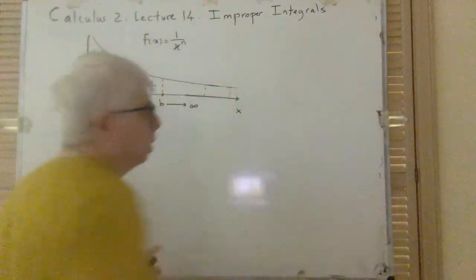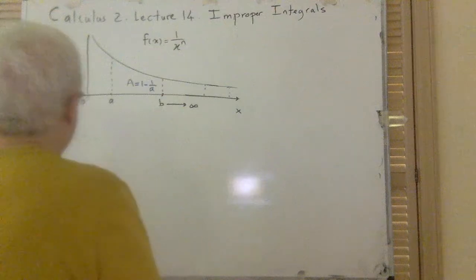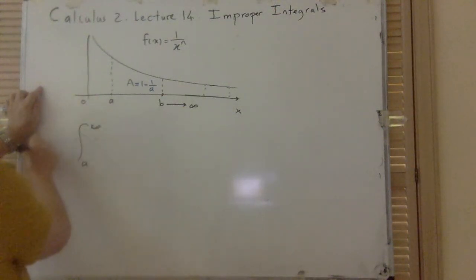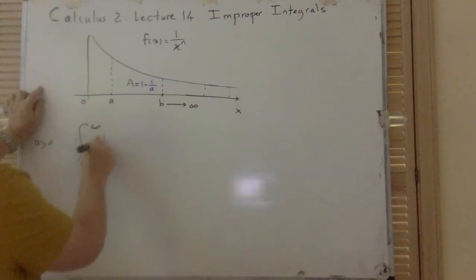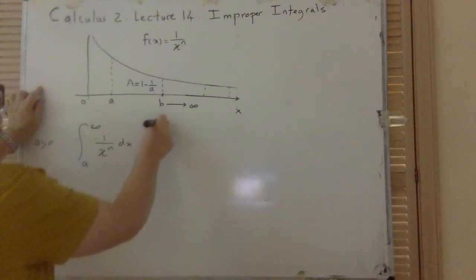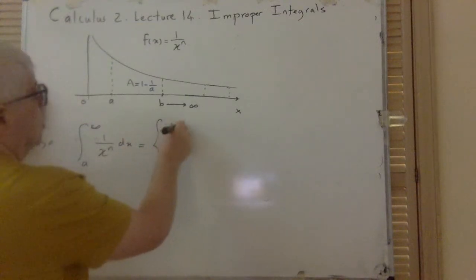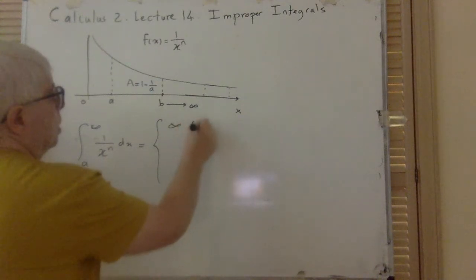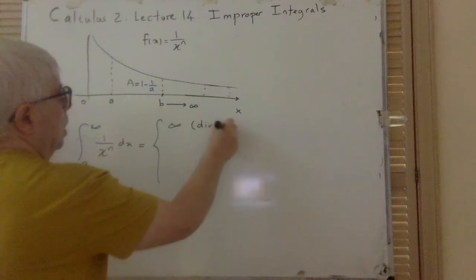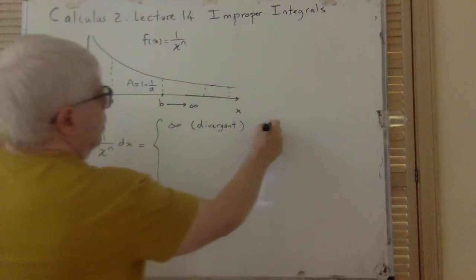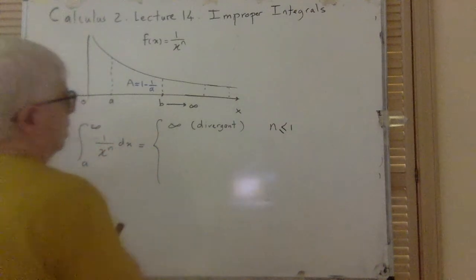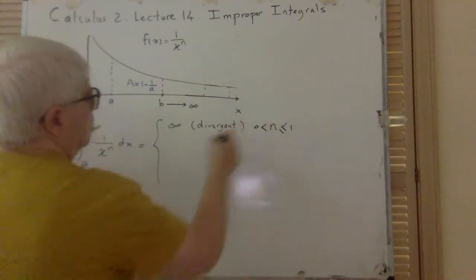So this integral from a to infinity, and let's say a is bigger than 0, of 1 over x to power n dx is infinite, or we can say it's undefined or divergent, if n is less than or equal to 1. And well, it's all bigger than 0.